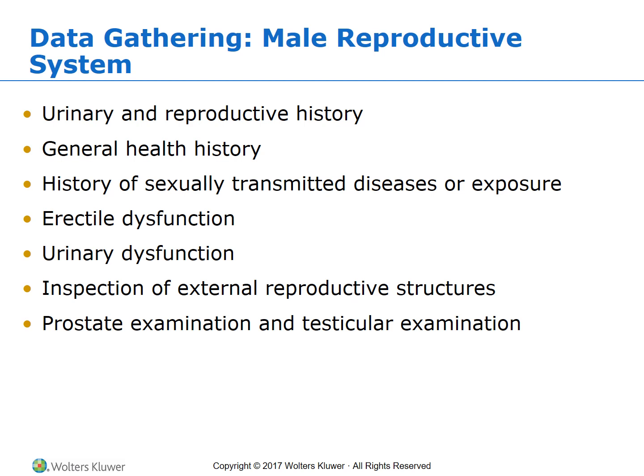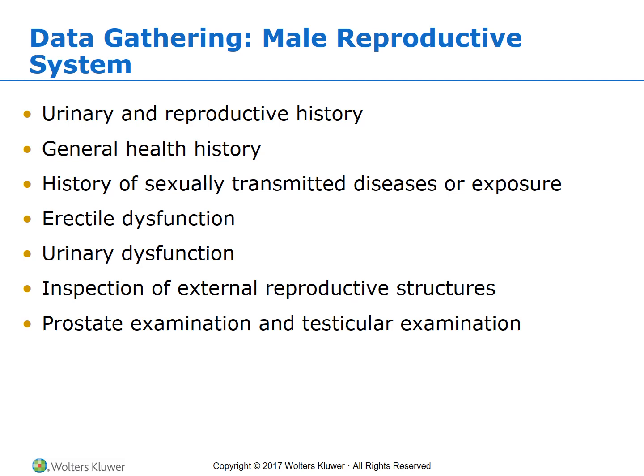So, data gathering, male reproductive system. We want to know about their urinary and reproductive history. We want to know their general health history. Do they have a history of any sexually transmitted diseases or exposures? Do they have erectile dysfunction, urinary dysfunction, inspection of external reproductive structures, and also a prostate exam and testicular exam?